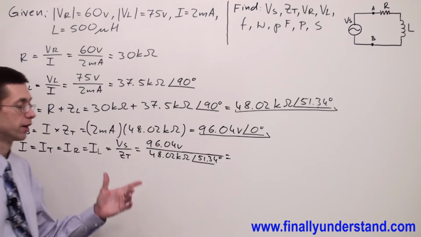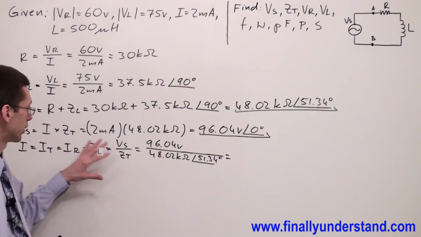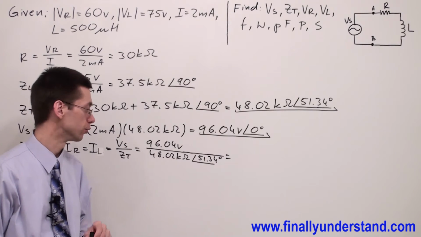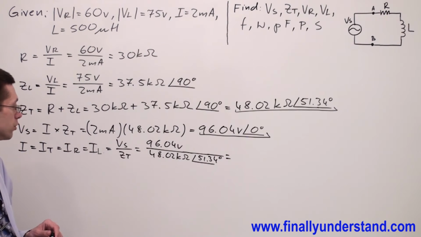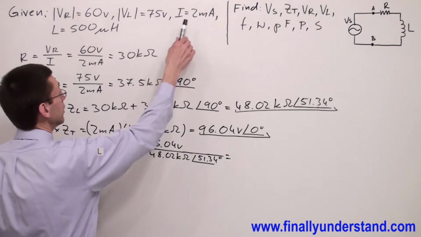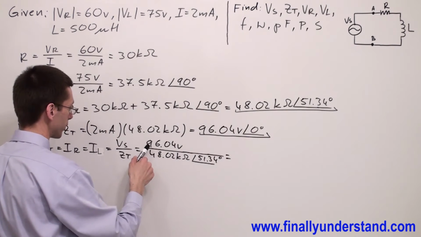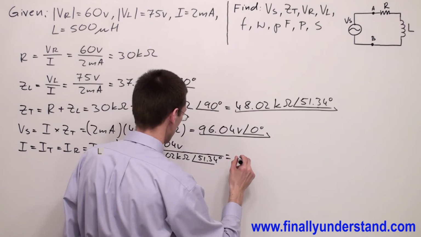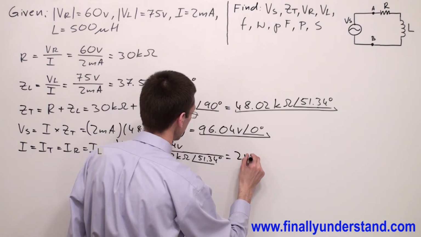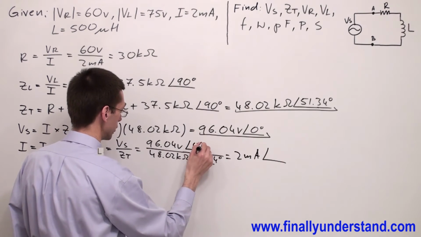Now, those of you who are experienced with these kind of problems, you're not supposed to do extra calculation like I'm doing right now. I'm doing this especially for those of you who still have difficulties to see how to get the angle, which I'm supposed to write next to the current. So, if you are going to perform the division, you're supposed to obtain 2 milliamps, and of course this is 0 degrees.